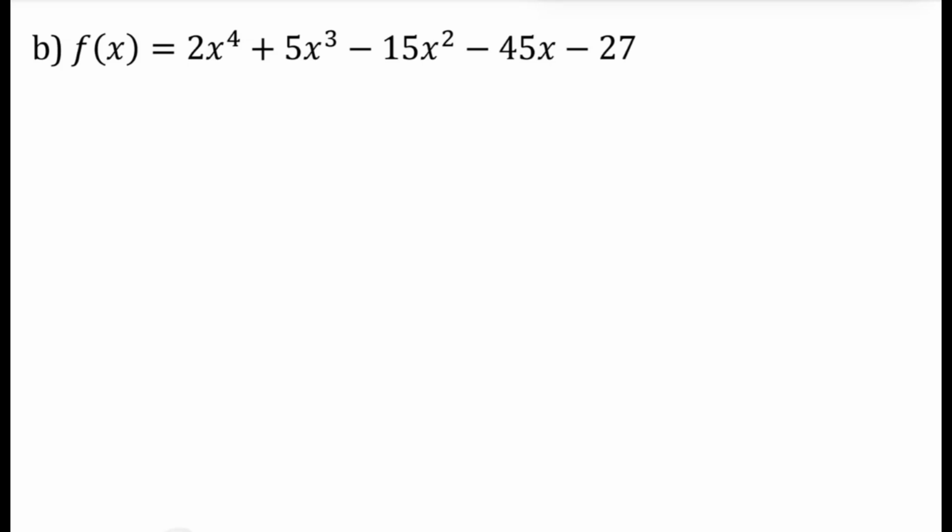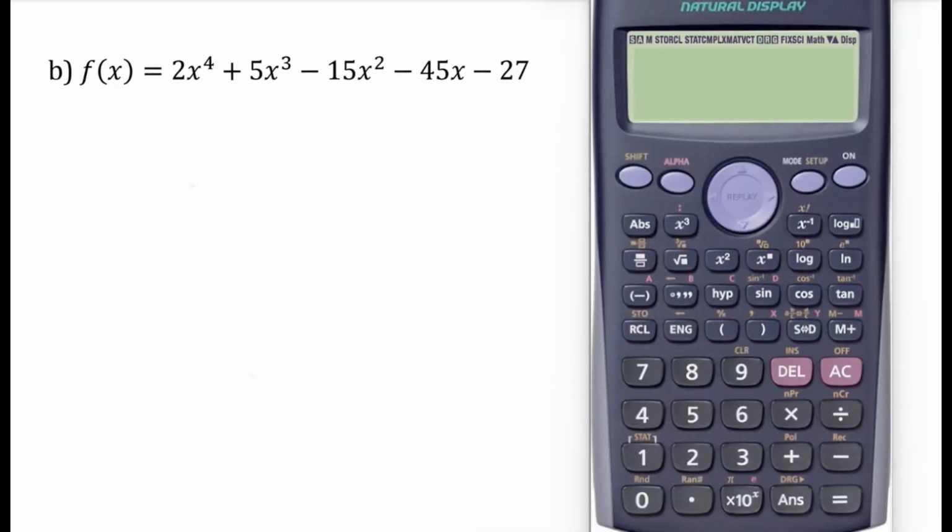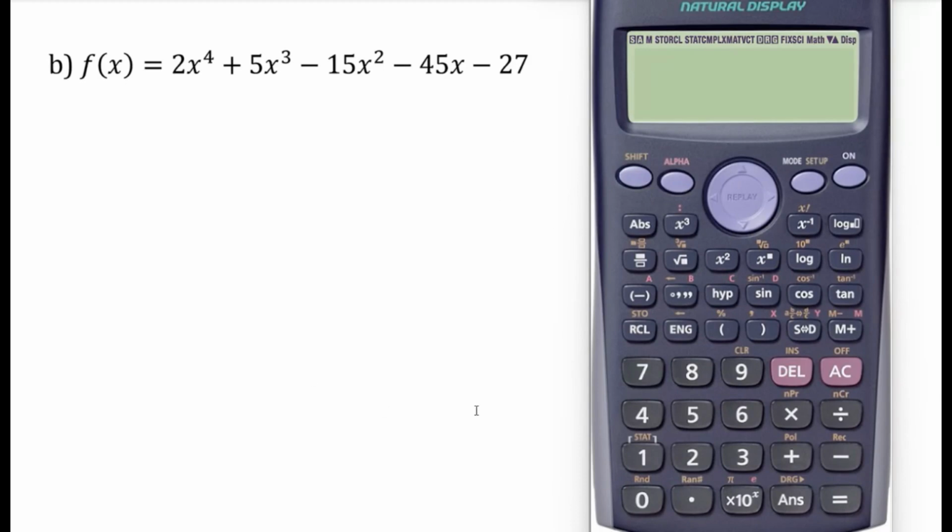What about negative 1? If I can get my calculator to show up. There we go. Okay, watch for a second. So the 2 is going to stay the same sign because when I put negative 1 in, I raise it to the power 4, and it's going to be the same. So 2. The 5 is going to flip signs because this is going to be negative 1. So minus 5.